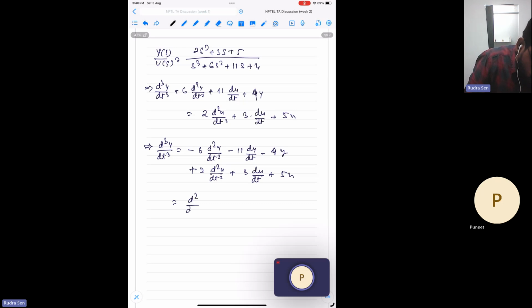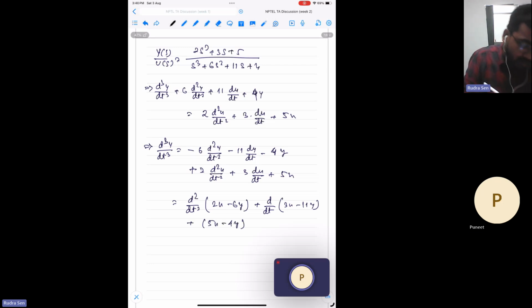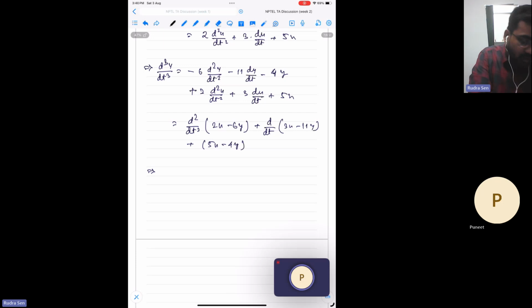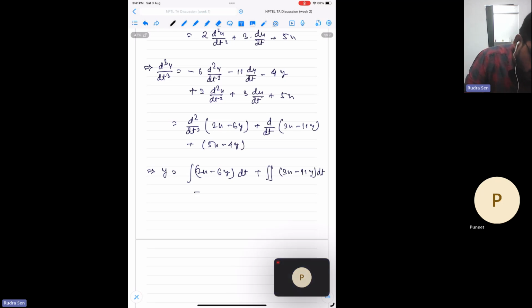Grouping terms: (2u minus 6y) plus d/dt of (3u minus 11y) plus (5u minus 4y). If we do a triple integration, we get y equal to the integral of (2u minus 6y) plus the integral of (3u minus 11y) plus the integral of (5u minus 4y).